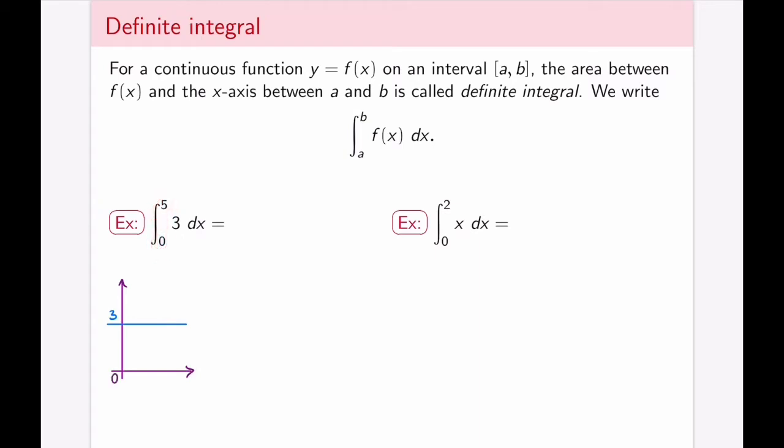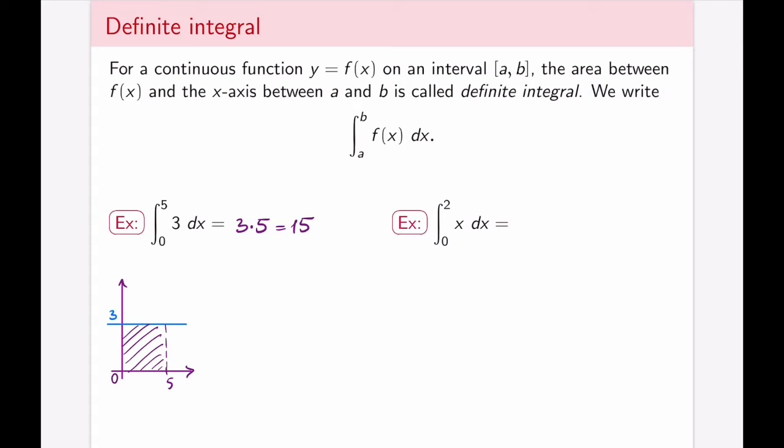So between 0 and 5 here. I can go up to my function, and the area that I'm interested in is this rectangle right here. Well, this is just a rectangle, so I can easily calculate this area as height times width, and overall get 15.